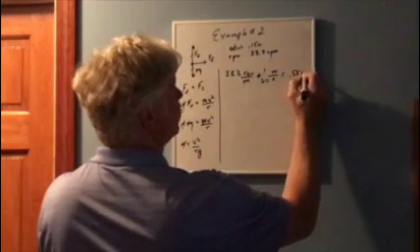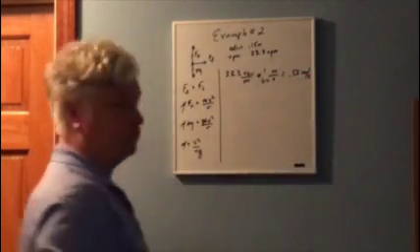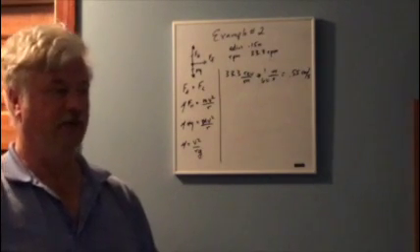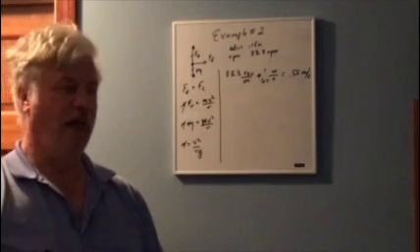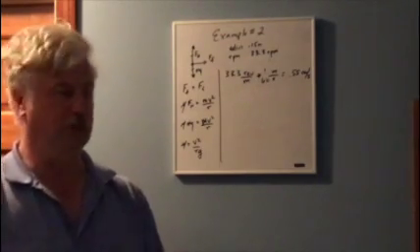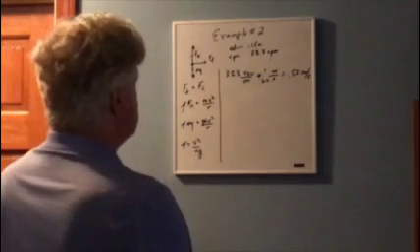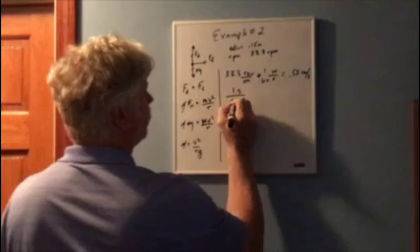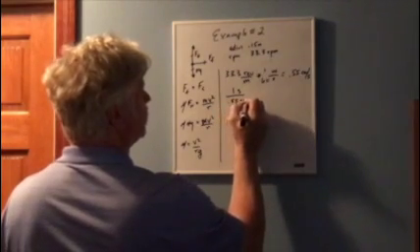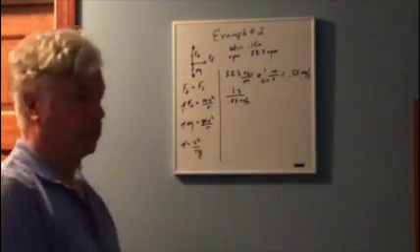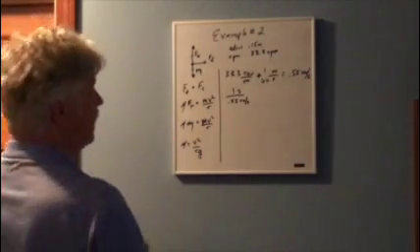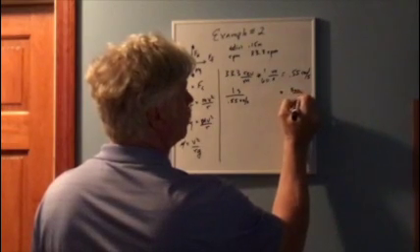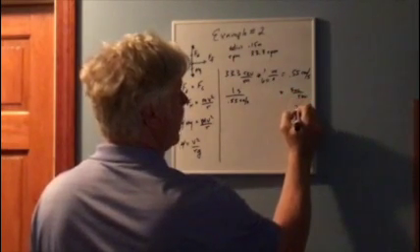0.55 revolutions per second. Well, wait a minute, that's revolutions per second. So we need to know how many seconds per revolution. Oh boy, so now we've got to do 1 second over 0.55 revolutions per second so that we get our answer in seconds per revolution, which is known as the period.